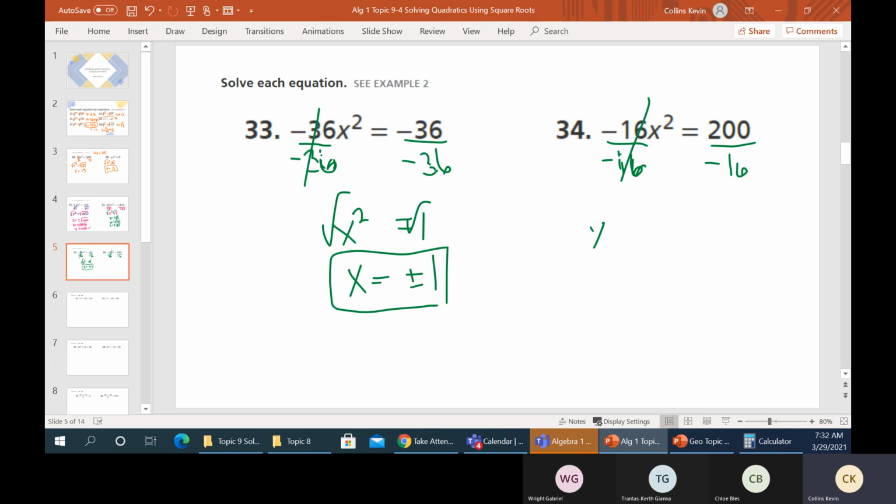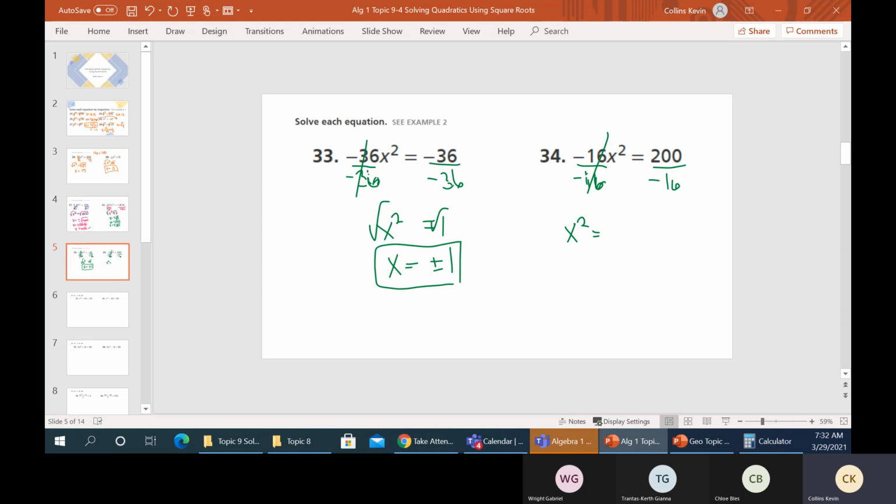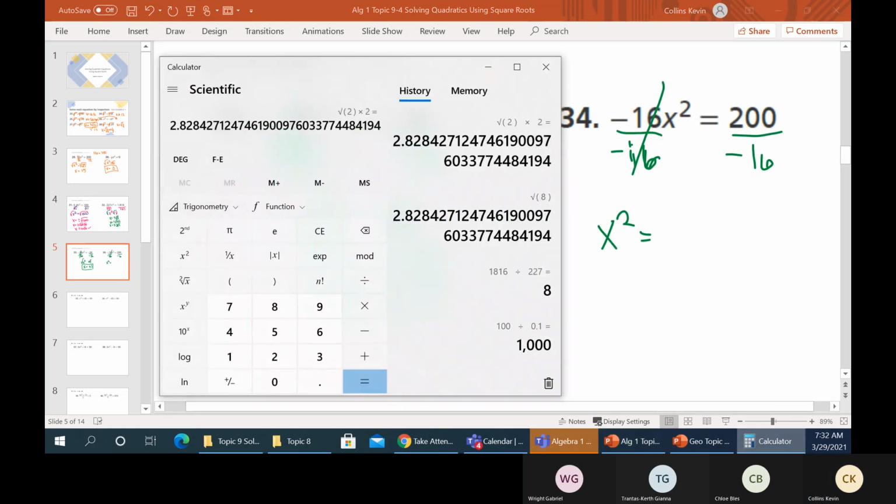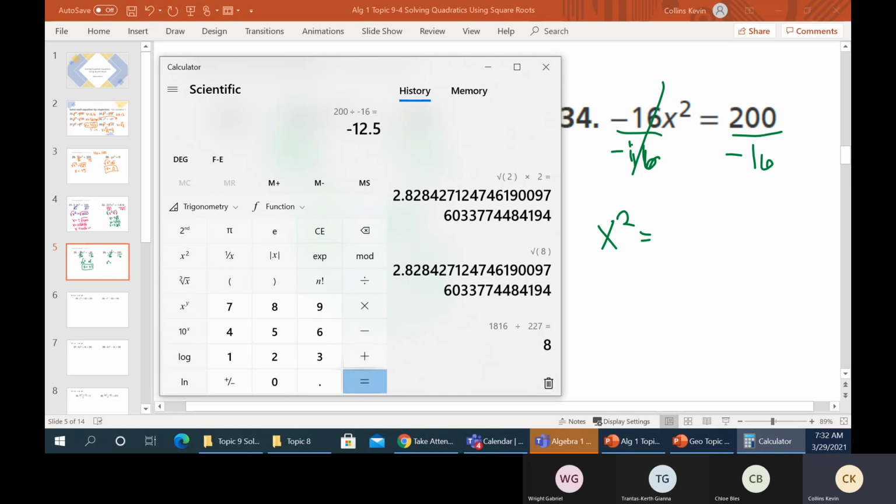So these guys cancel. I get x squared equals, oops, that was weird. So x squared equals 200 divided by negative 16. That's negative 12.5. So first of all, it's not a perfect square, and second of all, it's negative.